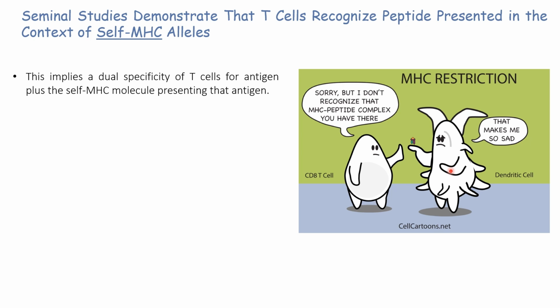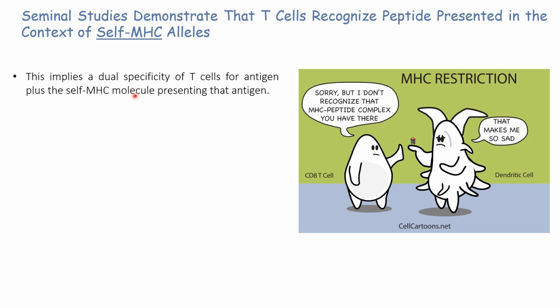foreign. So antigen presenting cells, or actually any cell displaying peptides on the surface of MHC, whether 1 or 2, there's no activation of the T cell unless the T cell and the dendritic cell have the same MHC haplotype, the same alleles.